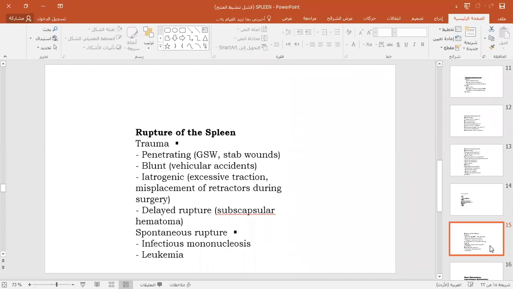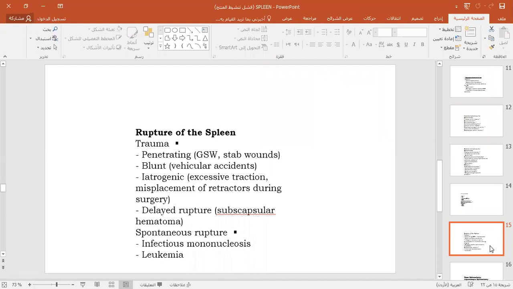Traumatic spleen is managed by ATLS, advanced trauma life support, with primary survey and secondary survey. God willing, you will take it as a separate topic, abdominal trauma.